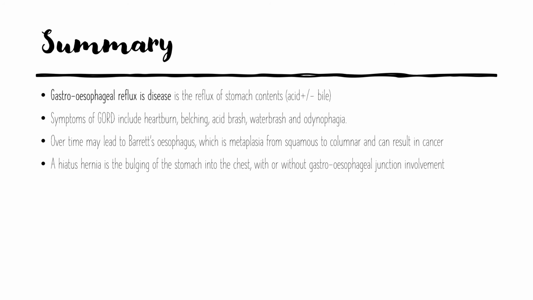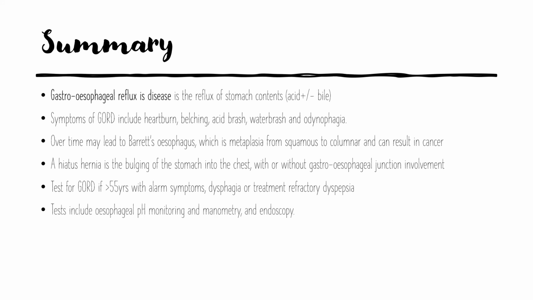You should always test for gastro-oesophageal reflux disease if the patient has dysphagia. You should also test if the patient has refractory symptoms, and especially if above 50 or there are these alarm symptoms. You should do an endoscopy first line and then progress to pH monitoring and manometry if endoscopy is normal.